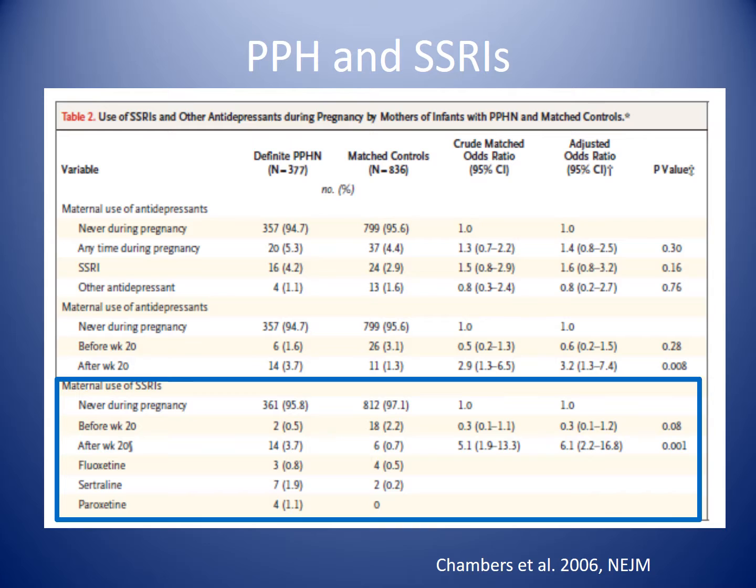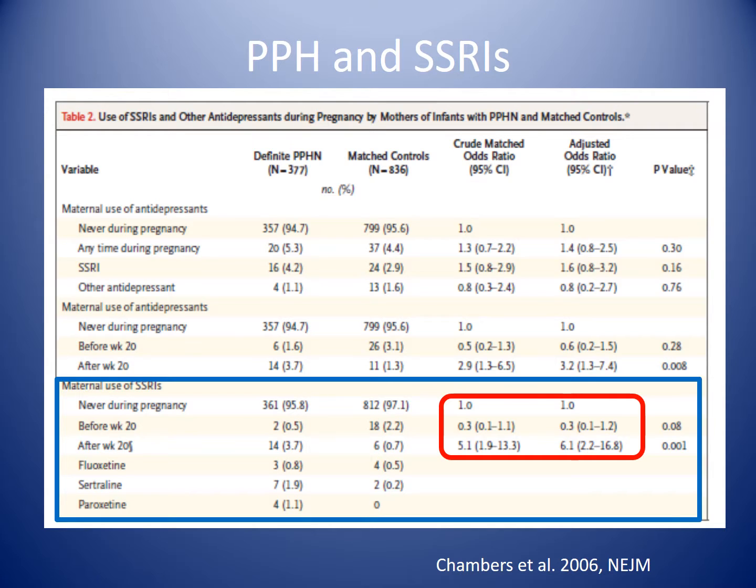Taking an SSRI after 20 weeks increased the risk of PPHN by 5 times. So it was concluded from this case control study that SSRIs after 20 weeks do increase the risk of this outcome in babies.